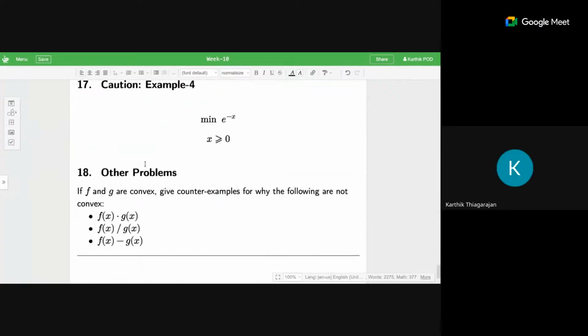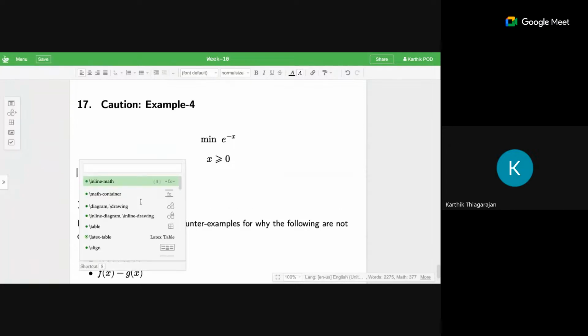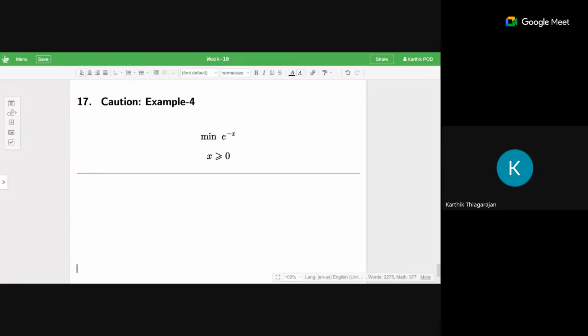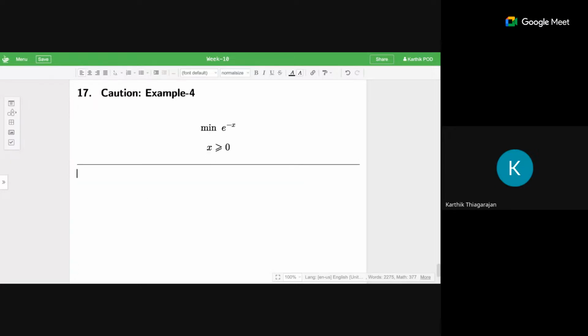Okay, so the caution. Why do I have a problem that says caution? You will understand, so that is what we'll do next. Now, by just looking at this problem, what is the solution to this? First of all, is this a convex optimization problem? Yes or no?